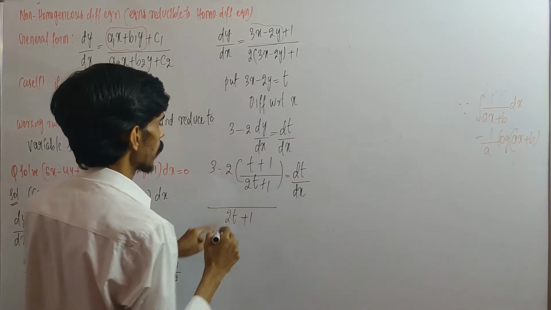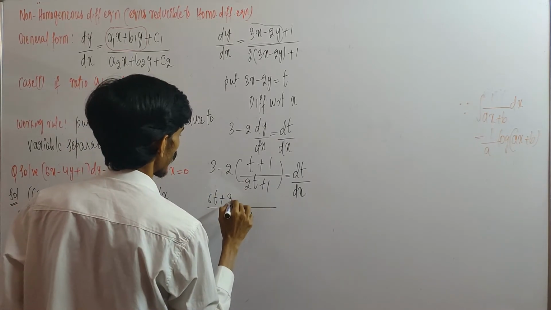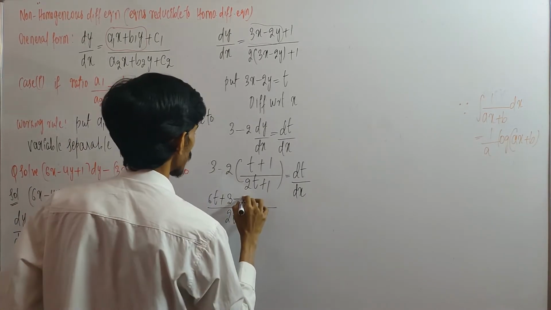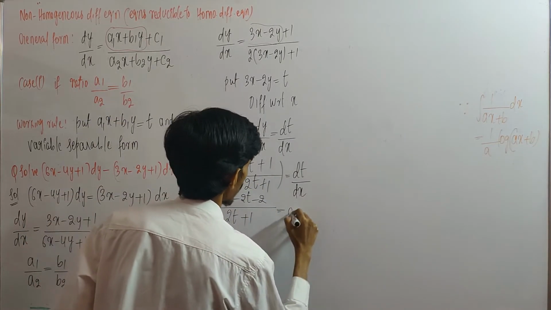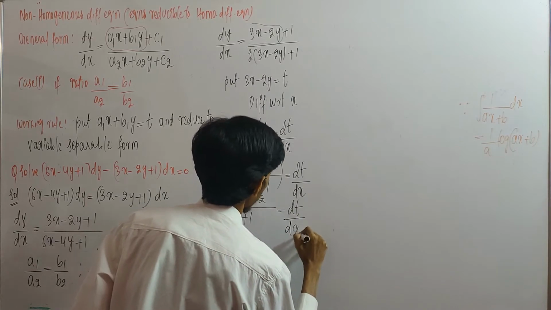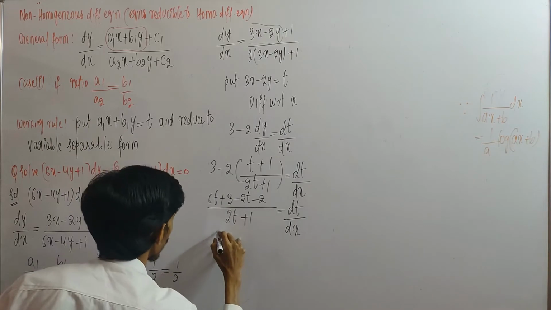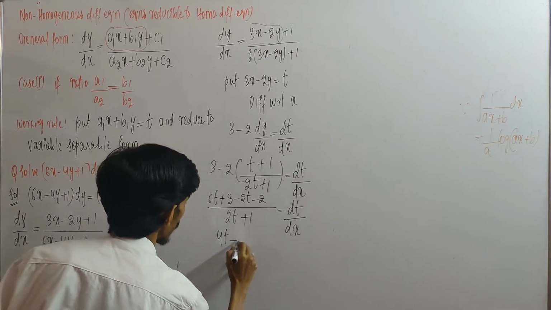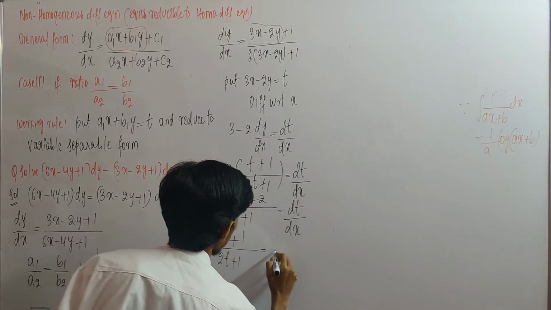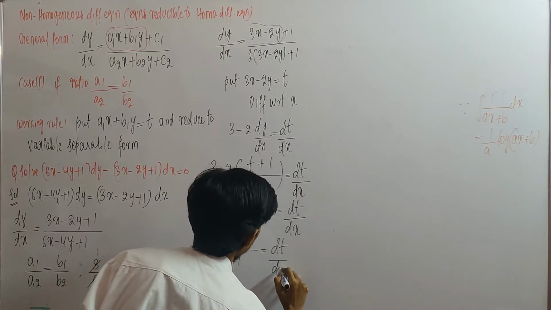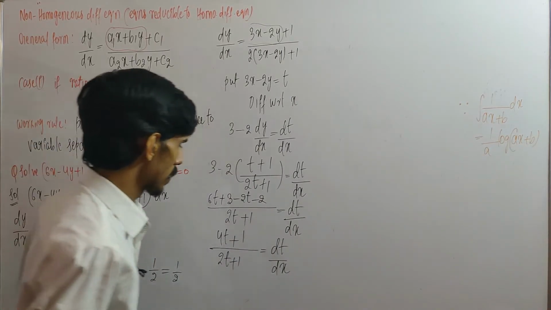Now 3 into 2t is 6t, 3 into 1 is 3, minus 2 into t is 2t, minus 2 into 1 is minus 2. Here we have dt by dx. Now 6t minus 2t is 4t, 3 minus 2 we have 1, by 2t plus 1 is equal to dt by dx.